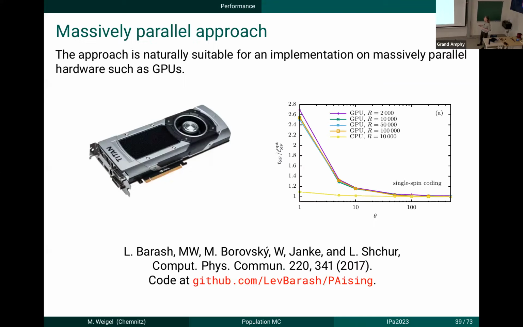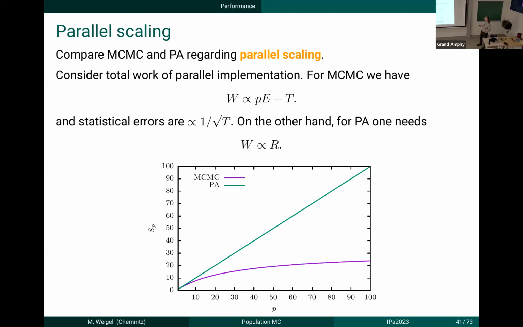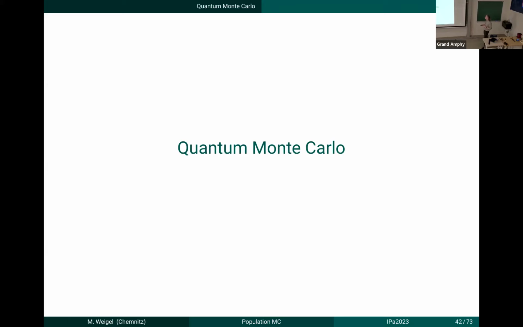Okay, so I don't want to show performance, but I want to flash two generalizations, or at least mention them. One is quantum Monte Carlo, which we did for a system like the D-Wave system, for example, which is essentially like a transverse field Ising model.